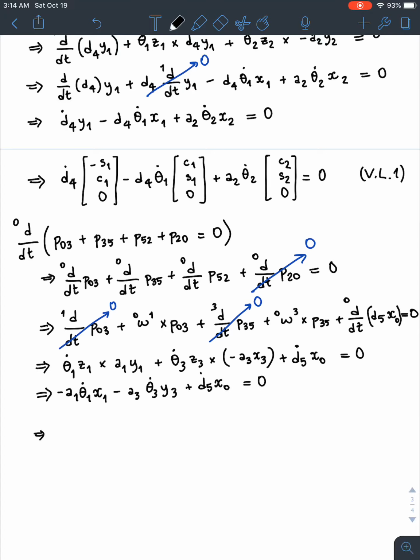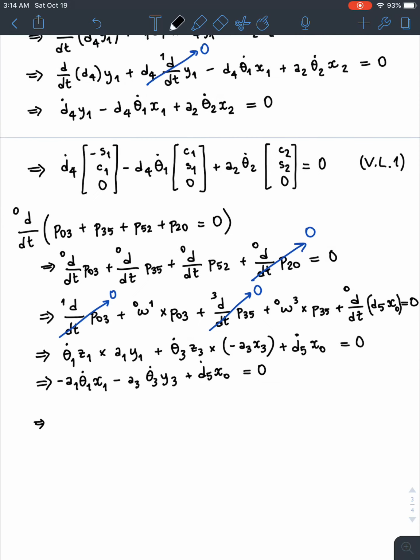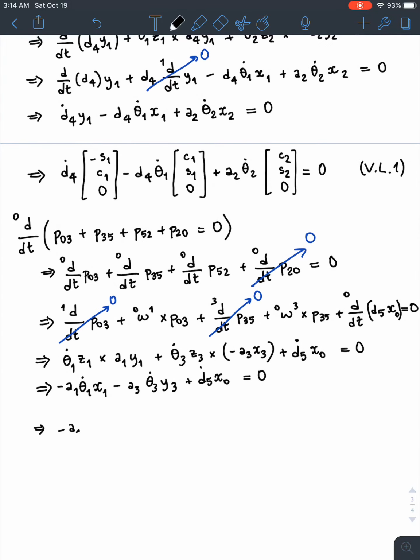All right, so let me put all these in the 0th frame. The x1 axis in the 0th frame is going to look like minus a1 theta 1 dot times cosine 1, sine 1, and 0. These are its components in the x0, y0, and z0 directions, and the vector here is the x1 axis. Minus a3 theta 3 dot, the components of the y3 axis in the x0, y0, z0 frame. What's it going to look like?